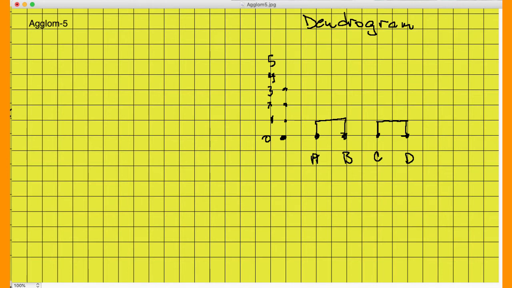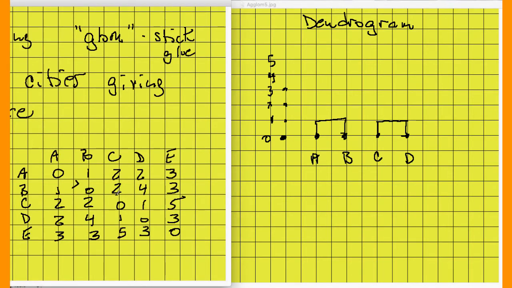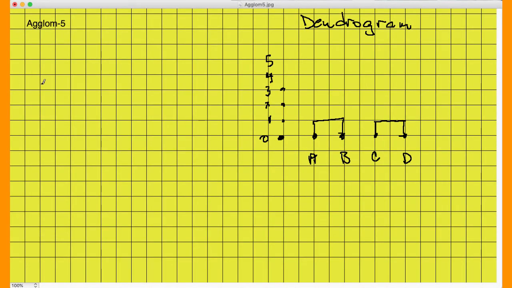Now I'm going to redraw this table. Now I've got AB, and I've got CD, and I've got E, and over here I've got AB, CD, and E. Because now we no longer speak about how far it is from one point to another.